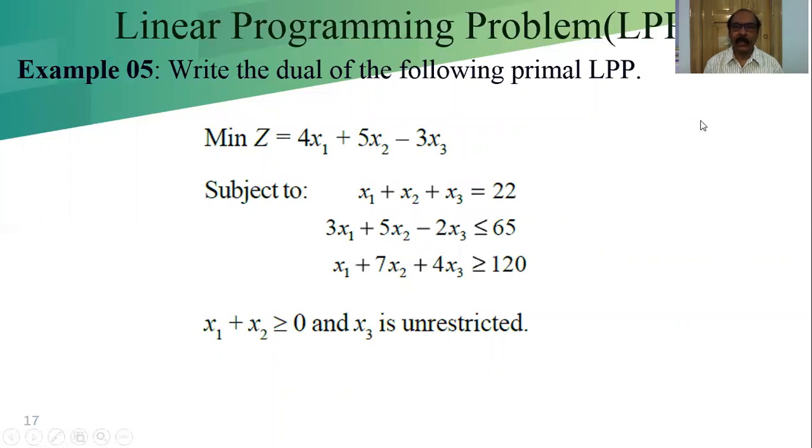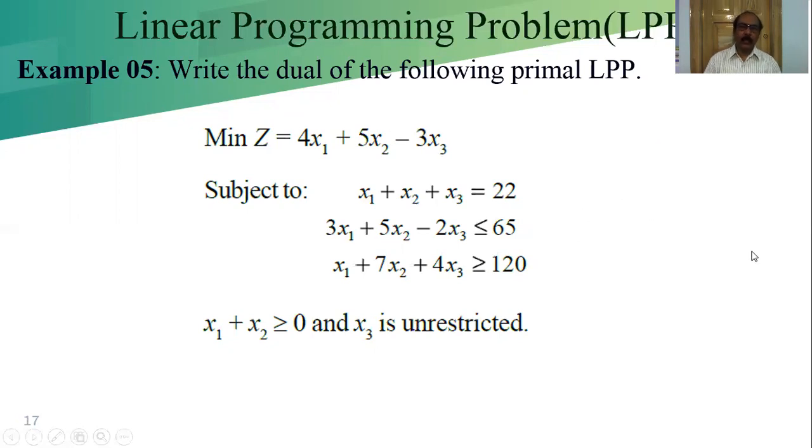Let us consider another example. We have to find out the dual of the given primal. This last two constraints and this problem is a combination of the equation and one variable is unrestricted in sign.